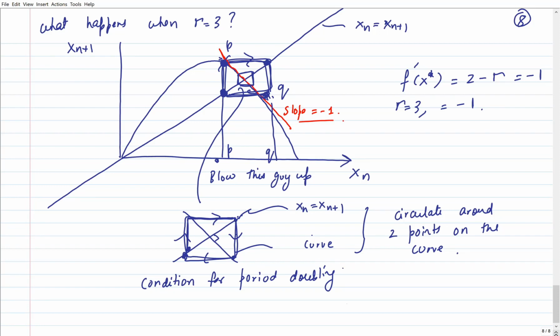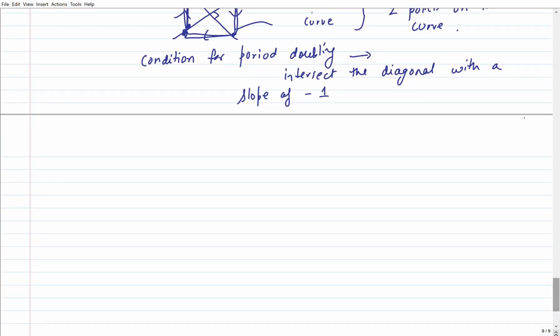Well, the condition is that you intersect the diagonal line with a slope of -1. That's exactly what is happening. We showed it geometrically.